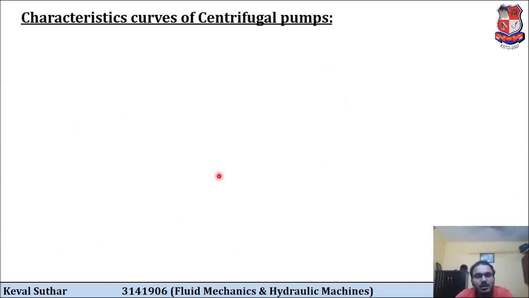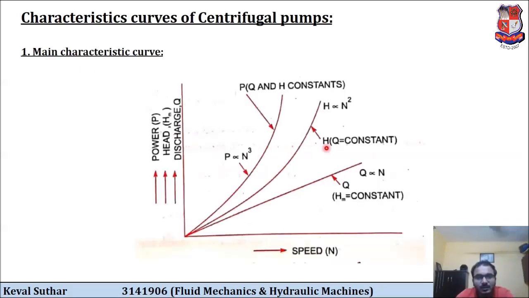Now the next is characteristic curves of centrifugal pumps. First is the main characteristic curve, which is given by this figure. Here on the horizontal axis we have speed, and on the vertical axis we have power, head and discharge. First we will focus on the Q versus speed curve.